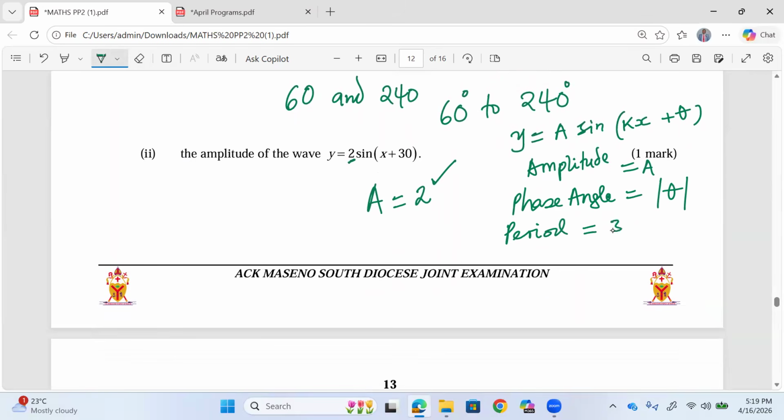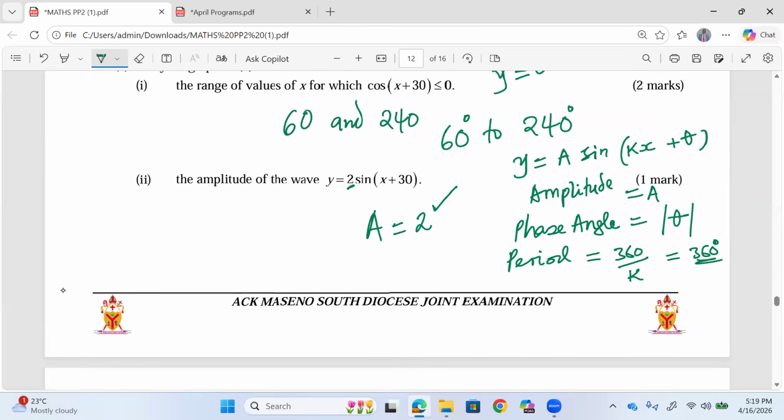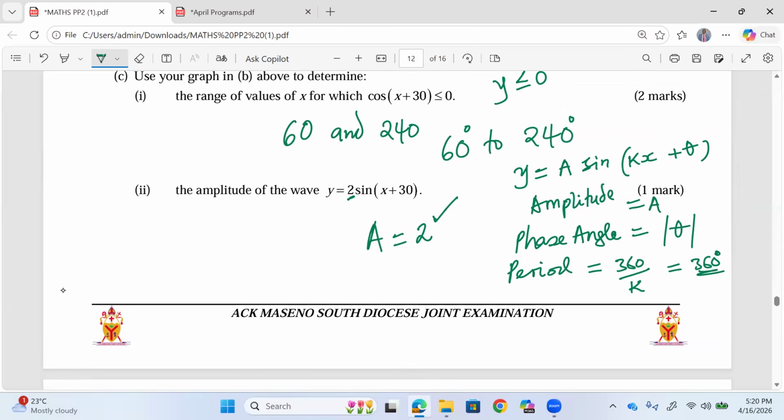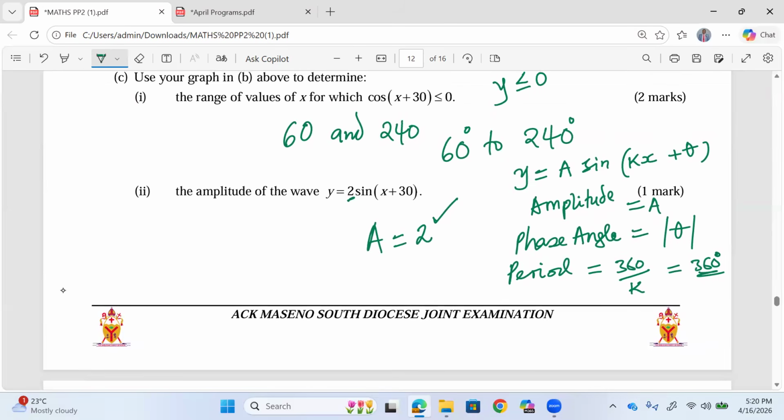Period equals 360 divided by k. In our case, the period is just 360 because the value of k, whatever multiplies x here, is 1. So 360 over 1, we get 360. So we can find amplitude, phase angle, and period without plotting the curve.